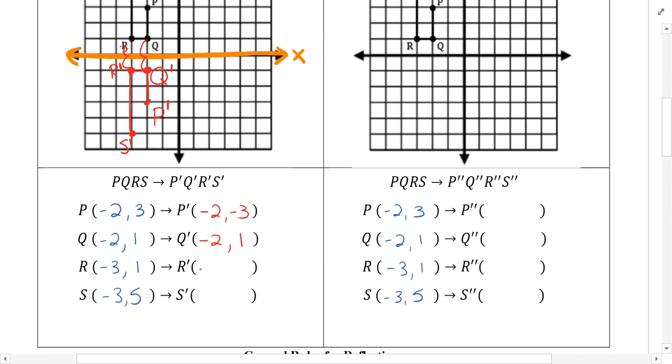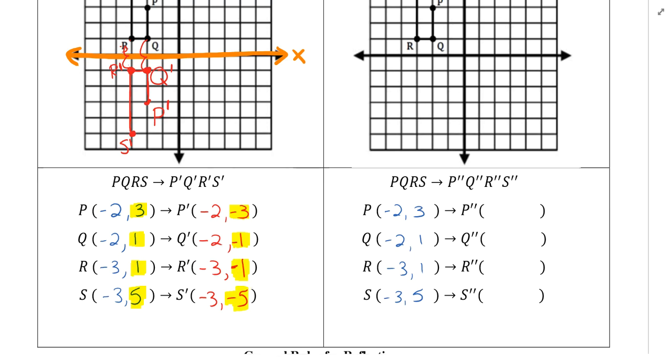The image of R is at -3, -1, and then -3, -5 for the image of S. So if I'm looking at those ordered pairs, I recognize, looking at my first ordered pair, -2, 3, and then my image of P is at -2, -3. The x values stayed the same. However, the y values all changed to the opposite values.